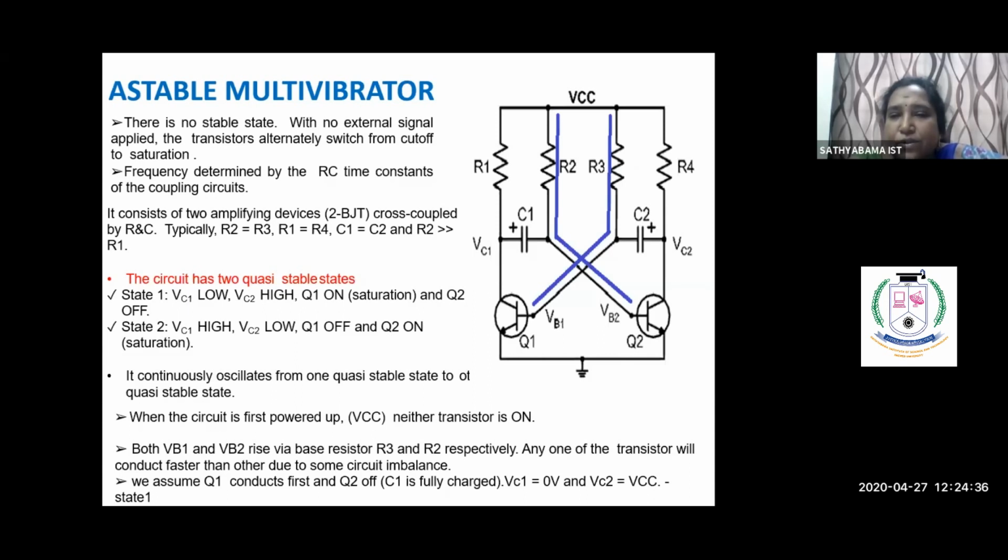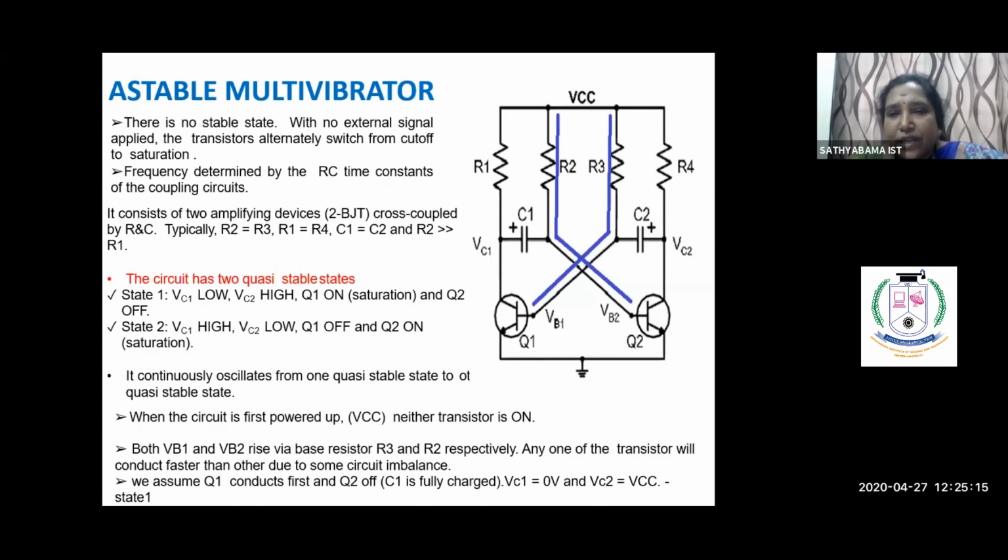One more important point: the Q1 output VC1 is coupled through the capacitor C1 and given to the input VB2. Similarly, the Q2 output VC2 is coupled through the capacitor C2 to the input of transistor Q1.